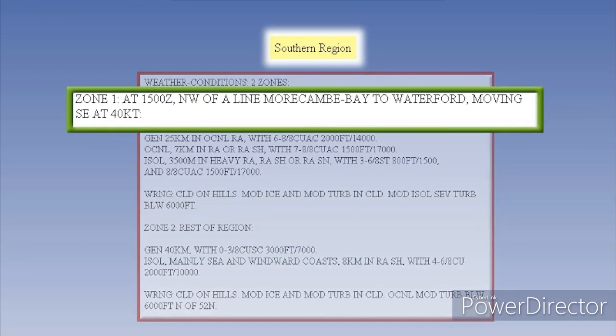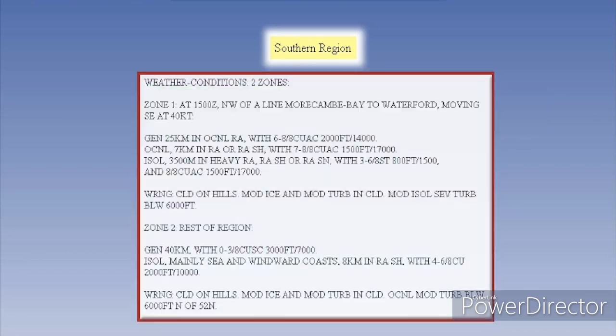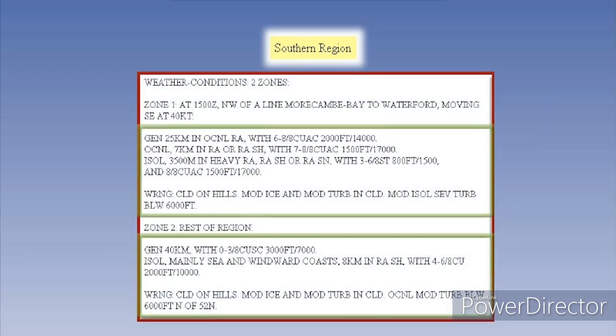The boundary of Zone 1 in our example is given at 1500 Zulu and is a line northwest from Morecambe Bay to Waterford and is moving southeast at a speed of 40 knots. Within each zone is a description of the different weather elements which are forecast to occur.